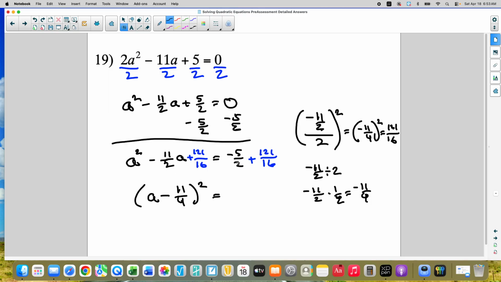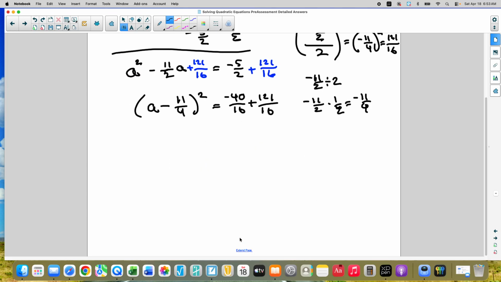And now times 8, so negative 40 sixteenths plus 121 sixteenths. That didn't slow me down. Hopefully it didn't slow you down. And what's that going to give me? 81. Oh, yes.